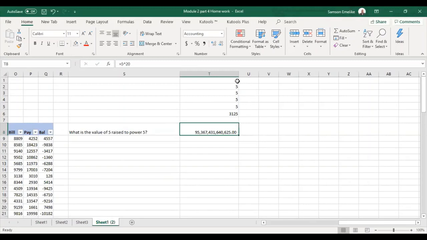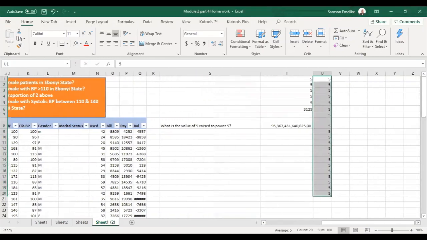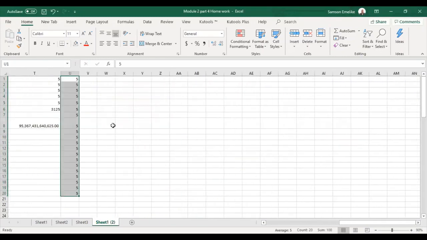Now, that means I should have, is this up to 20? How many is this? 20. Okay, so assuming we have this now, this is what we have, and you are supposed to multiply this.